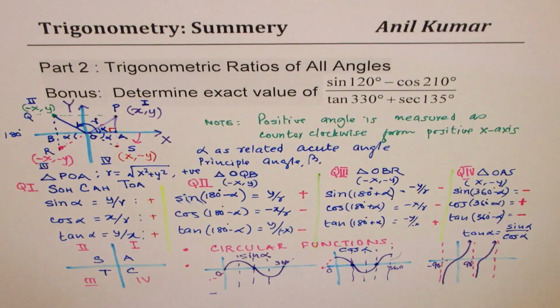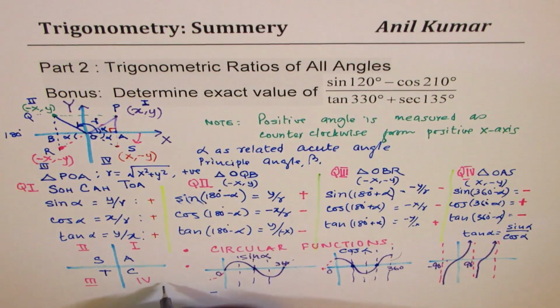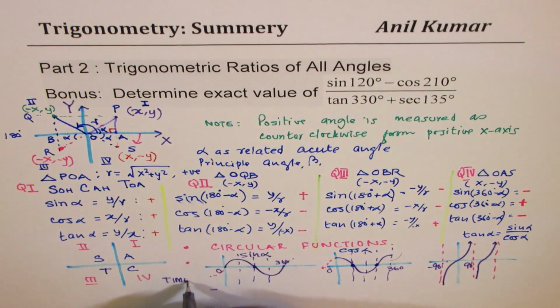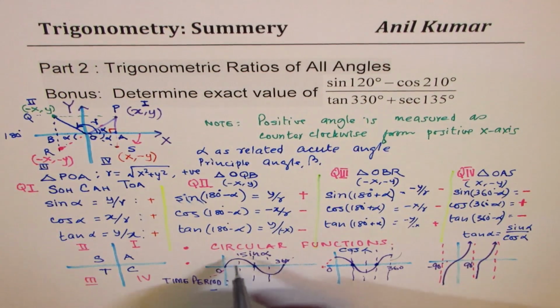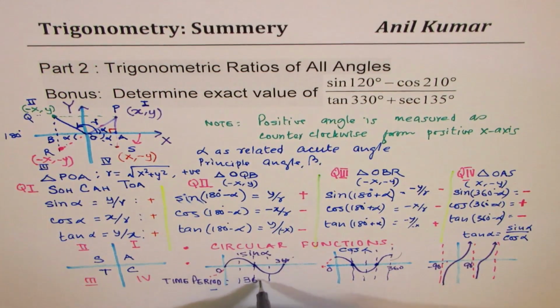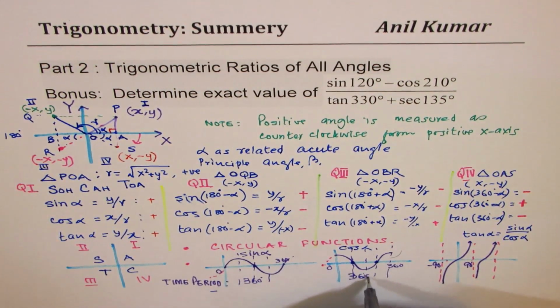Okay. So now let's talk about time period. I'll add one more piece of information here before ending. A very important parameter here is time period. For sine, it repeats after 360 degrees. Cos repeats after 360 degrees.